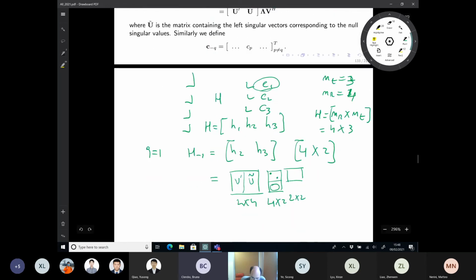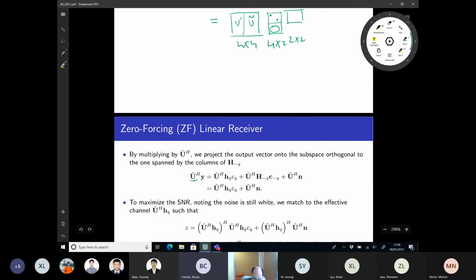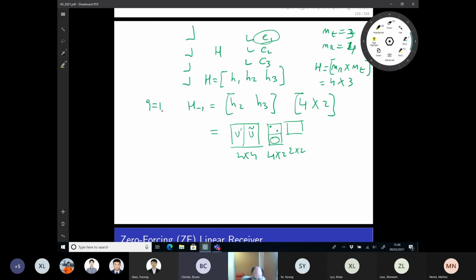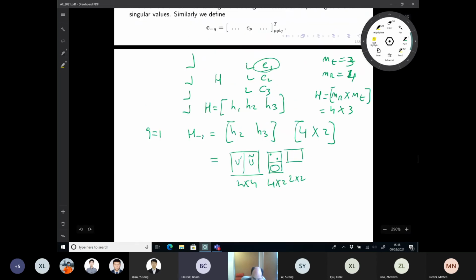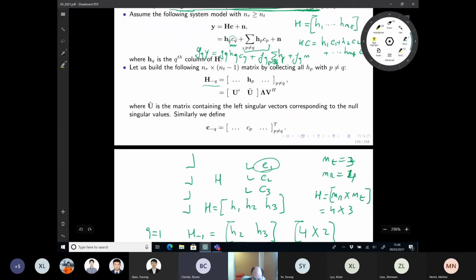So what I want to do is design a combiner at my receiver so that if I multiply G on the left side here, I will be orthogonal to that. So how can I do that?